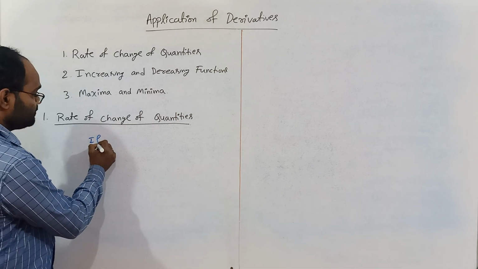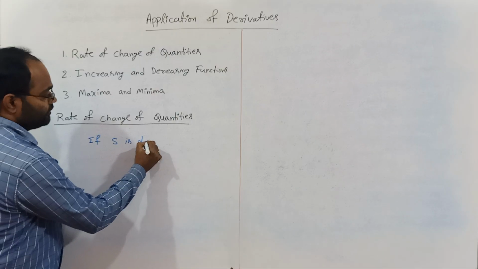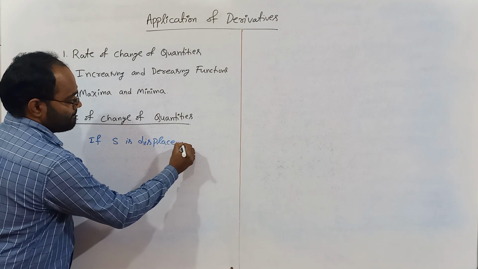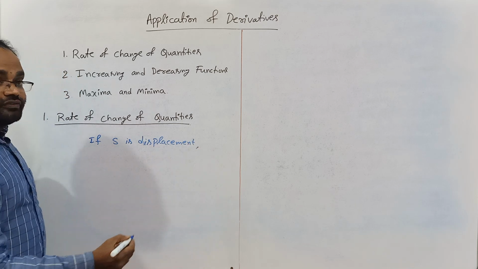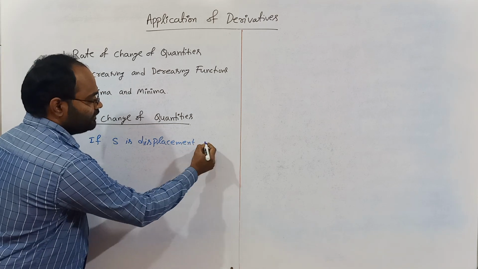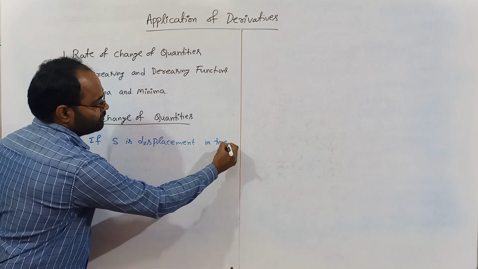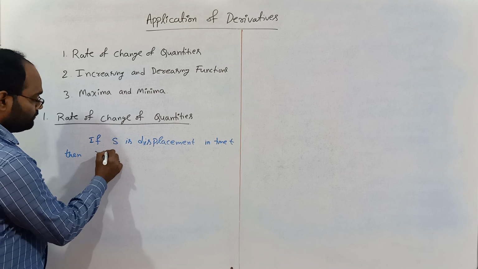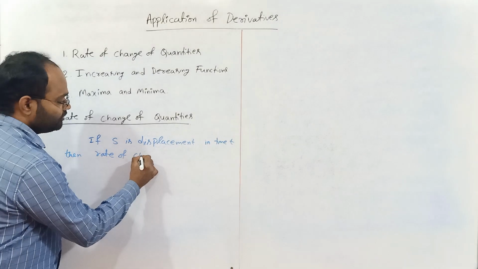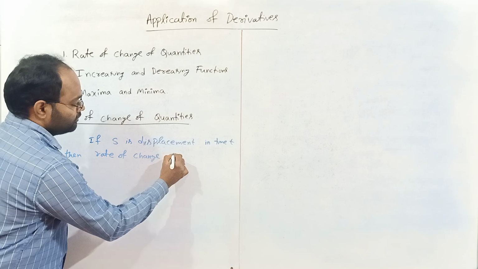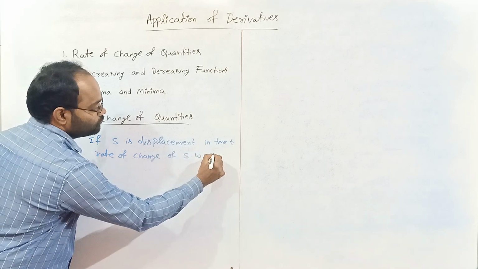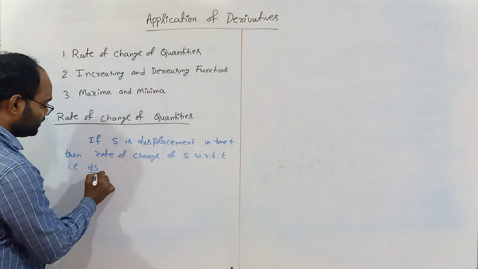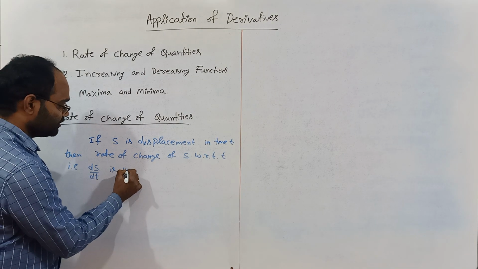If s is the displacement, let us take time t, then rate of change of s with respect to t, that is ds by dt ನ ಏನಂತ ತಗೊಂತೀವಿ, is velocity ಅಂತ ತಗೊಂತೀವಿ.